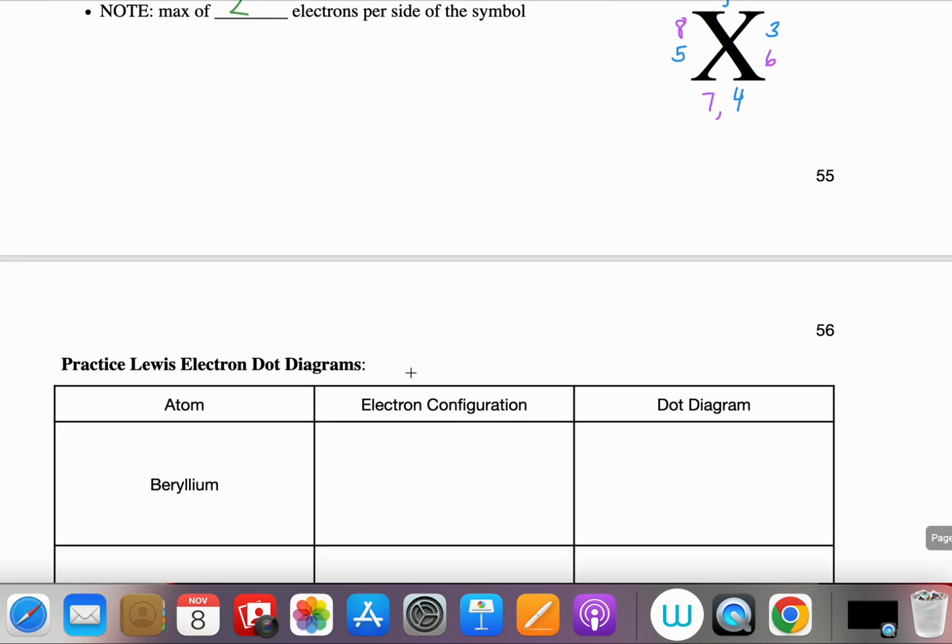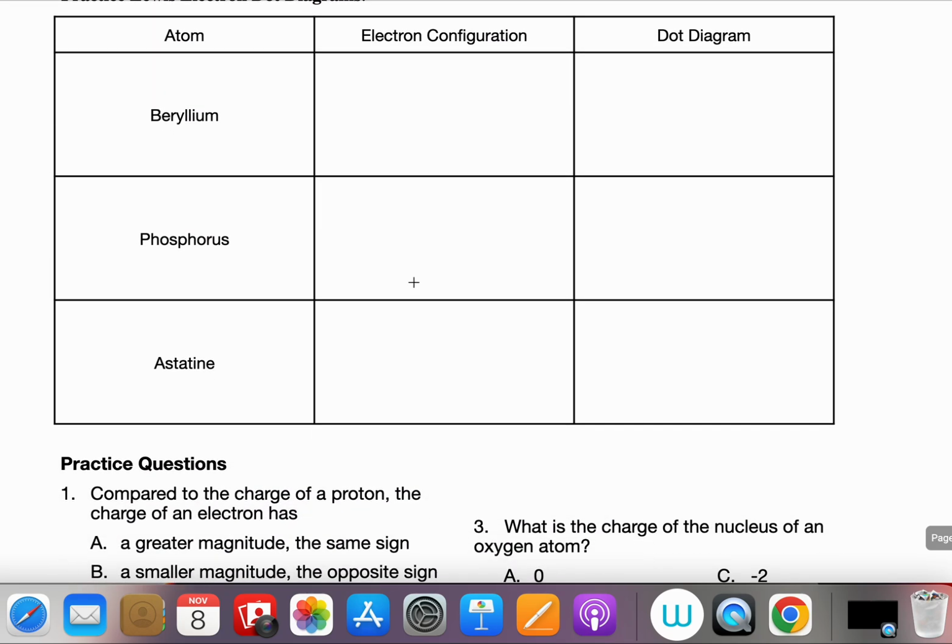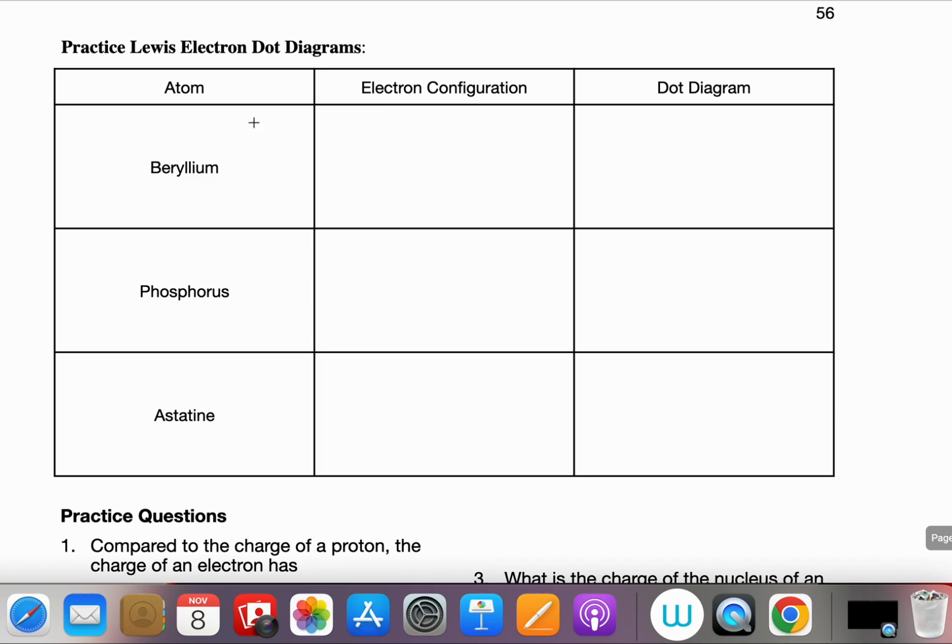So let's use these ideas and look at a couple of examples of Lewis dot diagrams on page 56. We're taking a look at the element beryllium. When you look on your periodic table, beryllium has an electron configuration of 2-2.